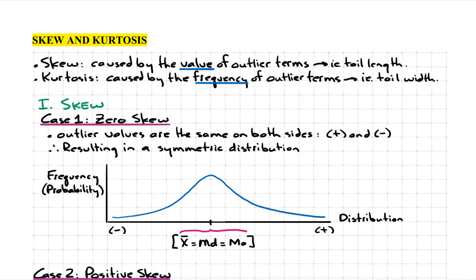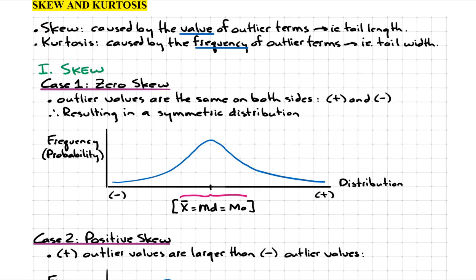So first, let's dive into skew. A reminder again, skew concentrates on the value of these extreme numbers. In the first case, we have zero skew. What that means is that the outlier values are the same on both sides of the distribution. So the large positive numbers and the large negative numbers are equal in magnitude.